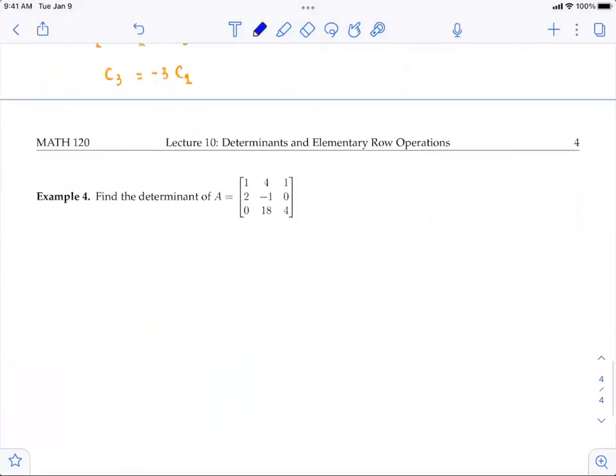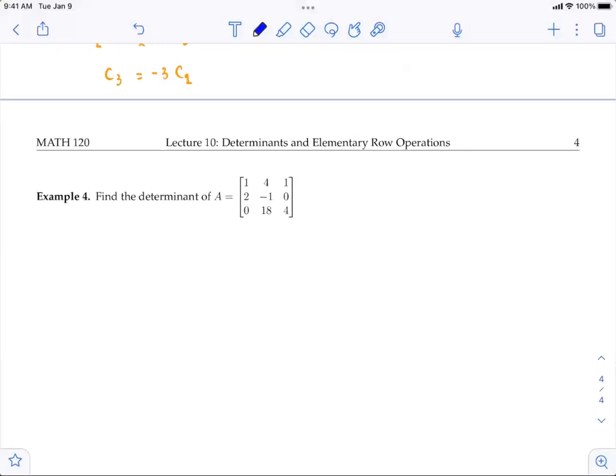Let's try to find the determinant of this matrix: 1, 4, 1, 2, -1, 0, and 0, 18, and 4. Of course you can use the technique that we learned so far to obtain the determinant of this matrix, but I want to use this opportunity to reflect on what we just learned about the determinant being equal to 0.